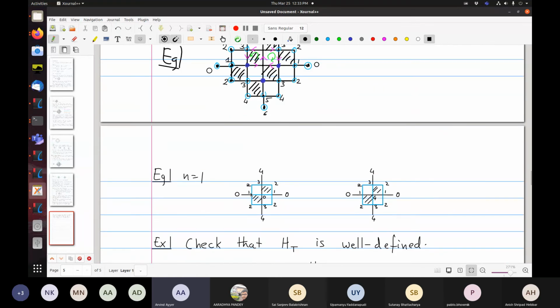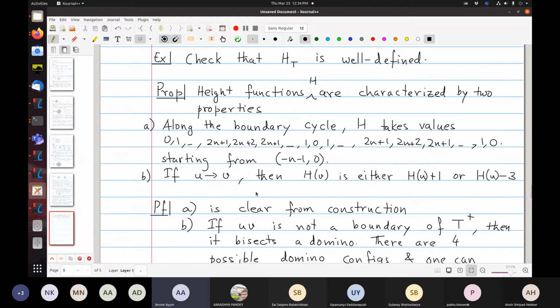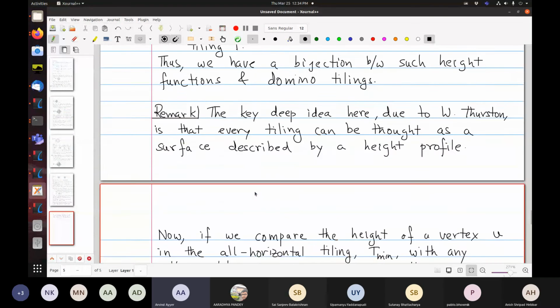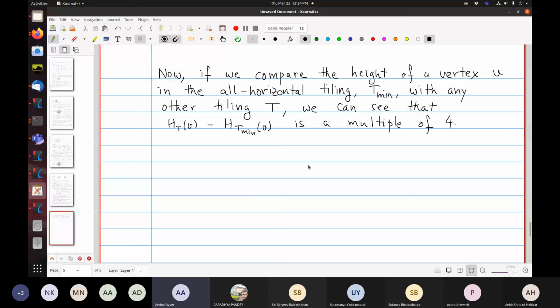This is a bipartite graph, and so the heights are going to differ by 1. In other words, the height of a vertex is determined by its parity. It's always going to be either odd or even. So you get a multiple of 2 for free.